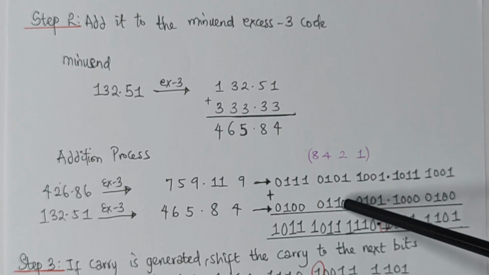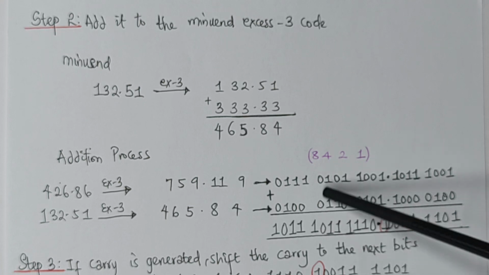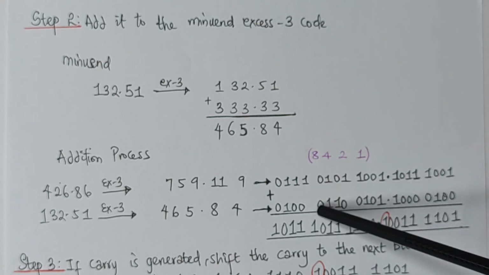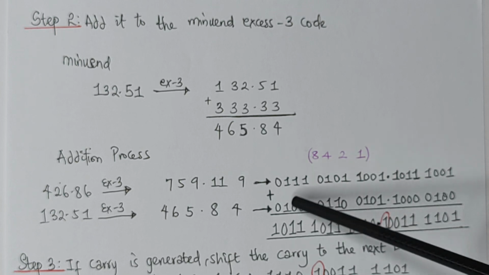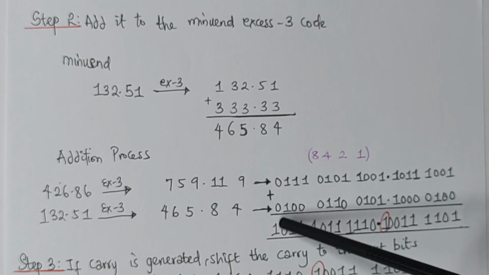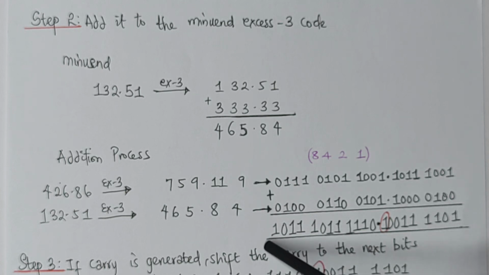In this part, 1 plus 0, 1, 0 plus 1, 1, 1 plus 1, 0, carry 1, 1 plus 0 plus 0 will be 1. In this part, 1 plus 0, 1, 1 plus 0, 1, 1 plus 1, 0, carry 1, 0 plus 0 plus 1 will be 1. So having done that, we'll move to step 3.